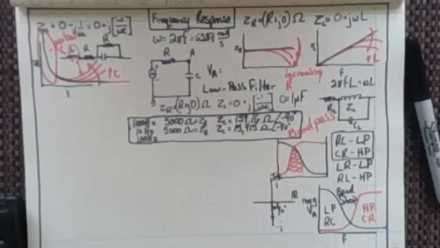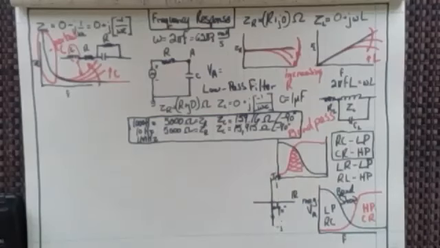Just a second. 6.283 mega times 1 microfarad gives me 6.28. Well, that's not right. Oh, 6.283 mega times... Yeah, that's right.